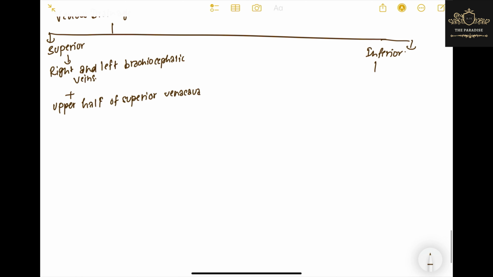Now the inferior part. The inferior part is divided into three parts: anterior, middle and posterior. So first of all, anterior.